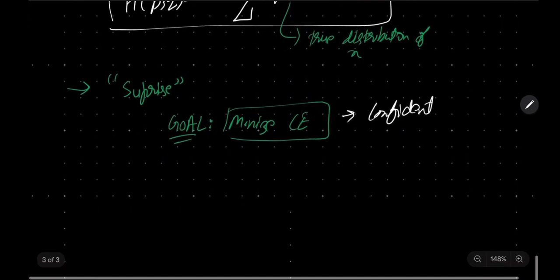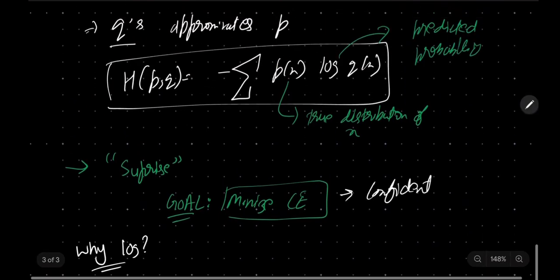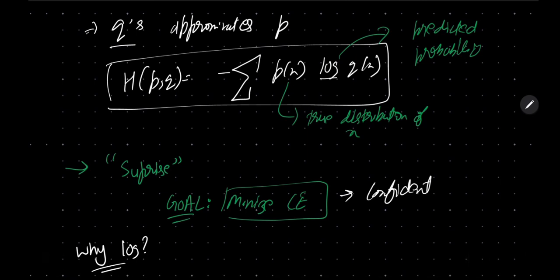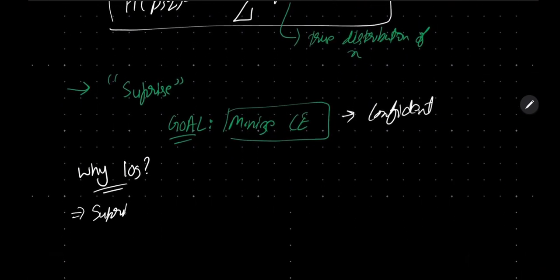So when we see the y log here, why did we choose the word log, this mathematical term? This is to depict the surprise, or maybe you can use the words notion of information.